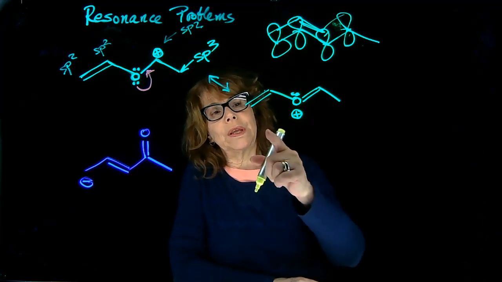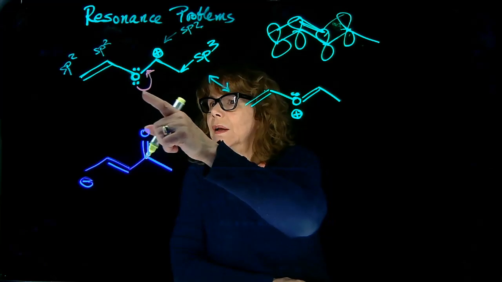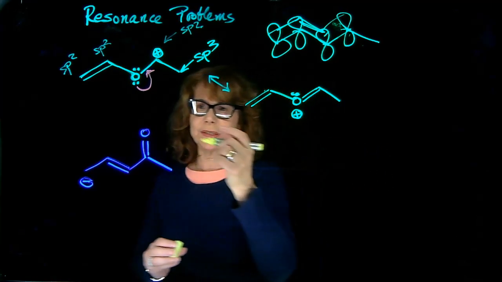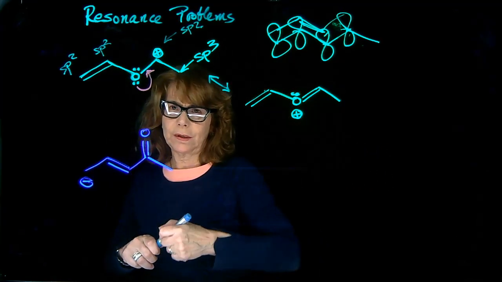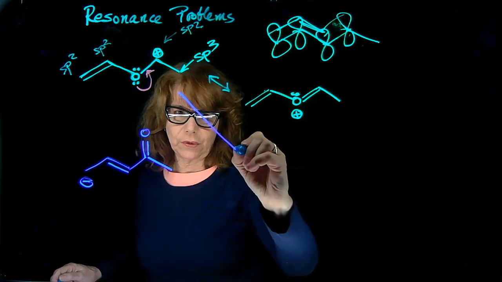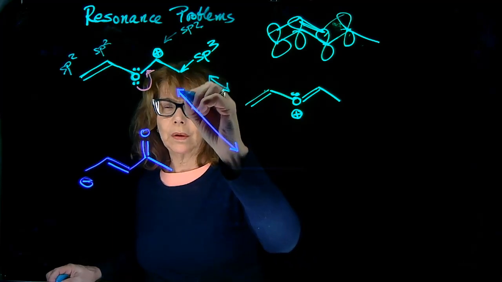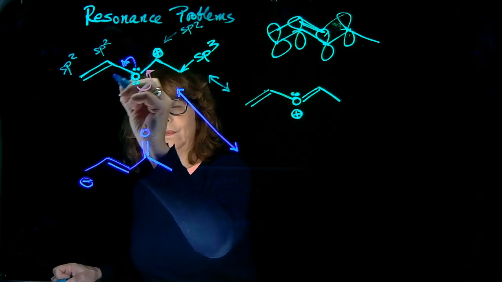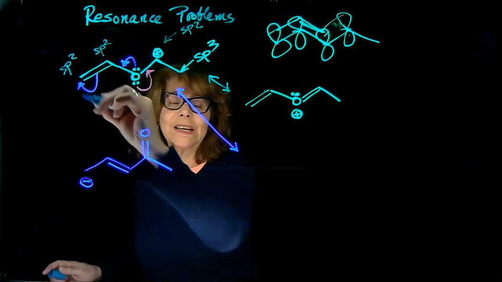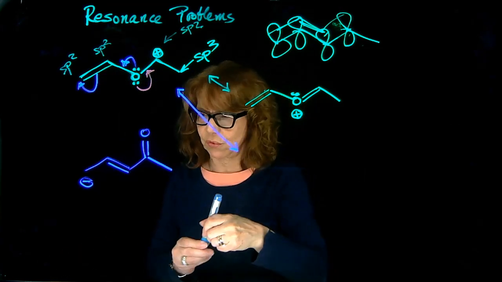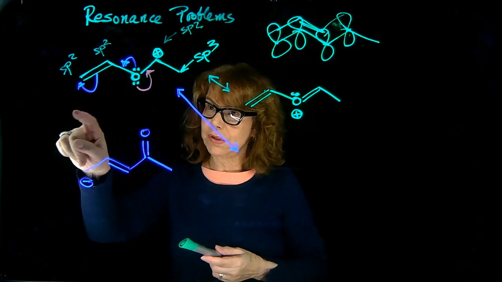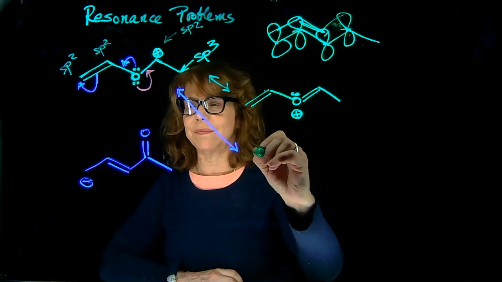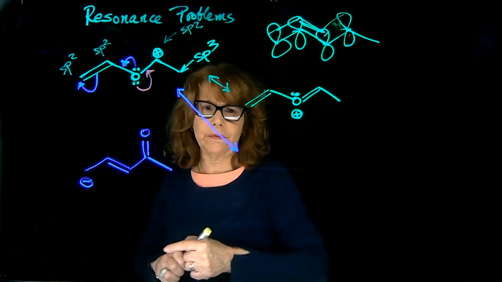If from that structure, starting here, I do another possible movement, which would be doing this, let's see how that contributes to the hybrid. Drawing the structure that results with the blue arrows here, I am going to have the following.